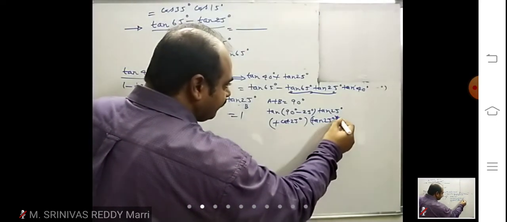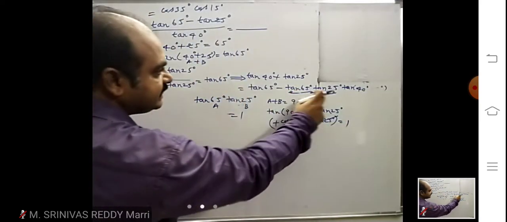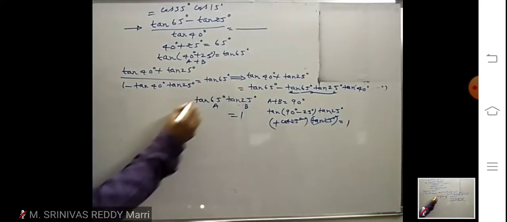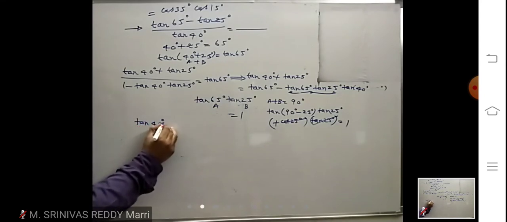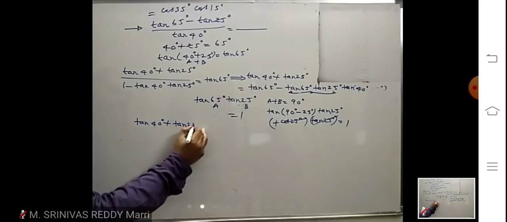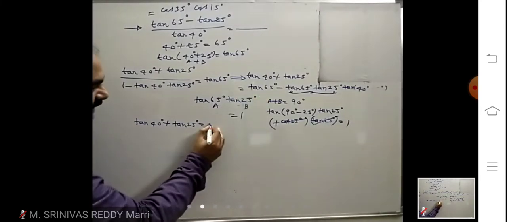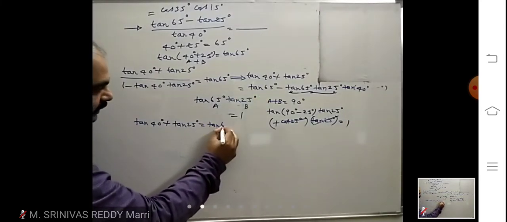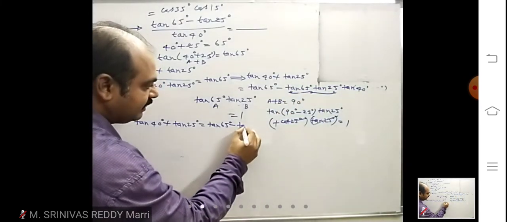So this is 1 by cot 25. What is this? 1. So this into this is 1. So in our relation, tan 40 degree plus tan 25 degree equals tan 65 degree minus this into this, which is 1.